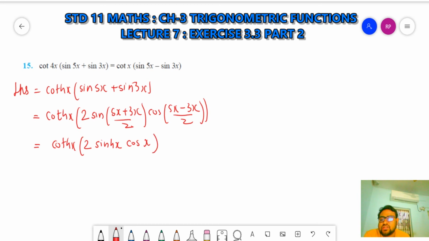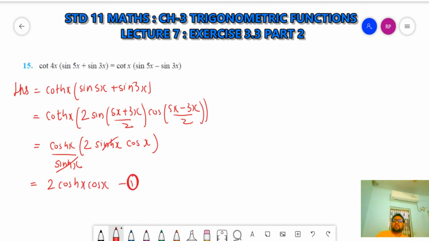Now instead of cot 4x, I can write cos 4x upon sin 4x. So sin 4x gets cancelled. So it is 2 cos 4x cos x. Let's name it as 1.